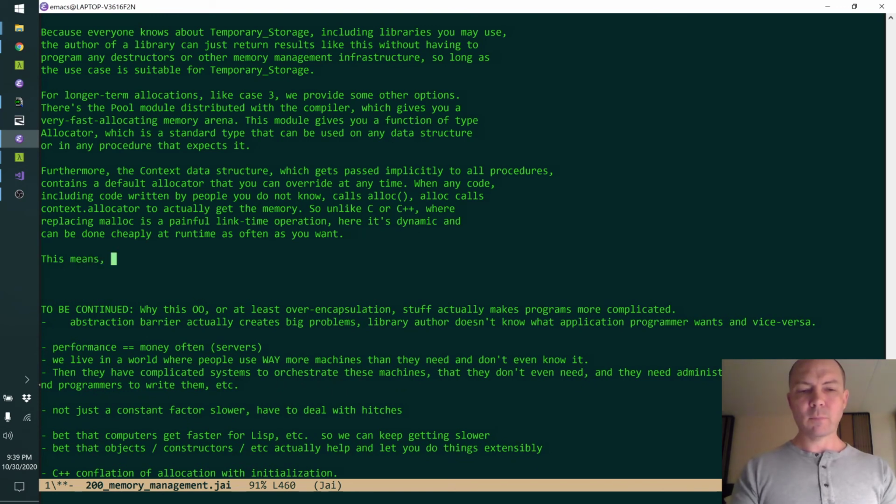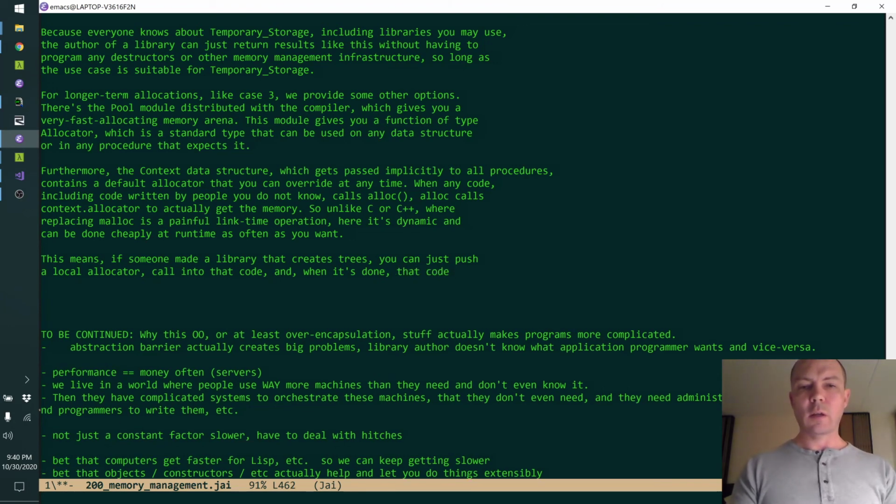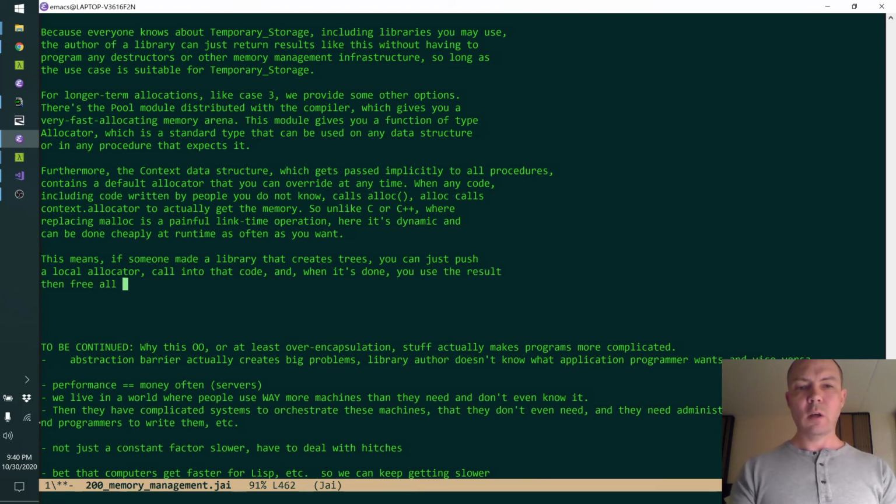This means if someone made a library that creates trees, you can just push a local allocator, call into that code, and when it's done, you use the result, then free all the memory in bulk as discussed above.